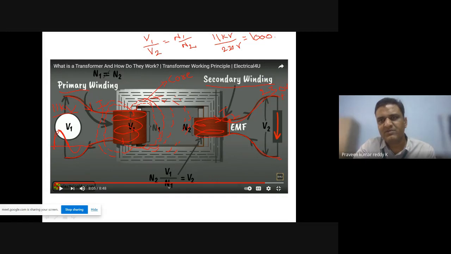If you have fixed that, you can decide from this voltage ratio what the number of turns N2 is. From this formula, we have to decide what number of turns is required. And this voltage will be directly proportional to the number of turns.